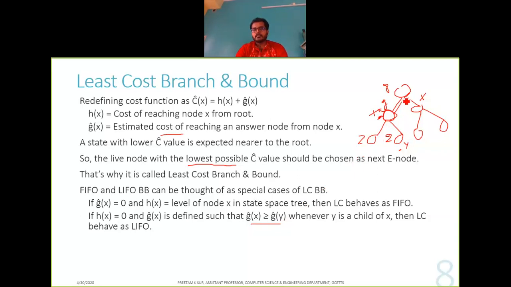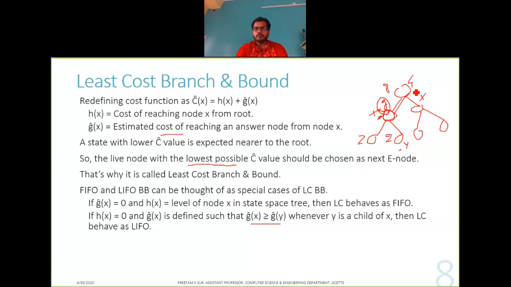So g of this root will be greater than or equal to g of its child. For the next expansion, this child will have a lower g value, so this will be the least cost.